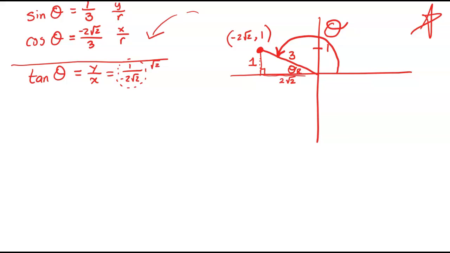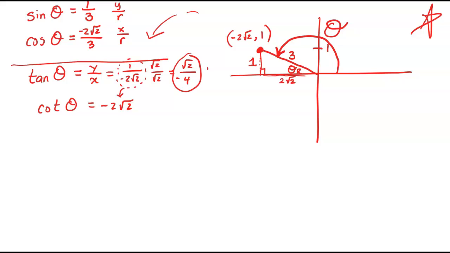I'm going to rationalize: root 2 over 4, so negative root 2 over 4. Doesn't matter where you put the negative. I know some people are crazy about that. Not me. It's all good. Cotangent of theta, reciprocal. So I'm just going to flip that and get negative 2 root 2.